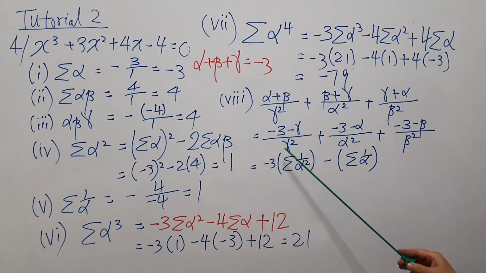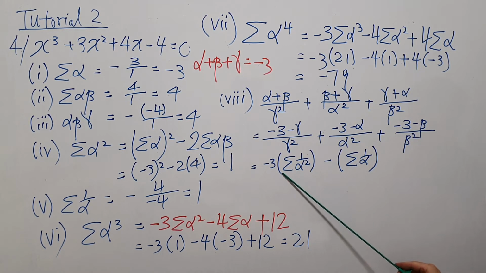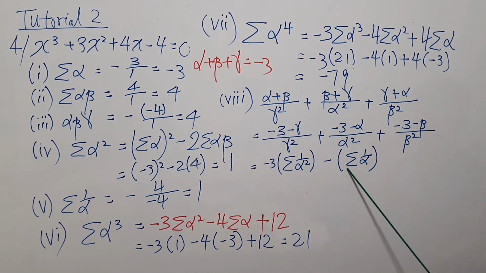The minus 3 over this, the minus 3 over this, and the minus 3 over this can be written as like this. And then this over this, and this over this, and this over this can be written as like that. Of course, all the minuses are here.